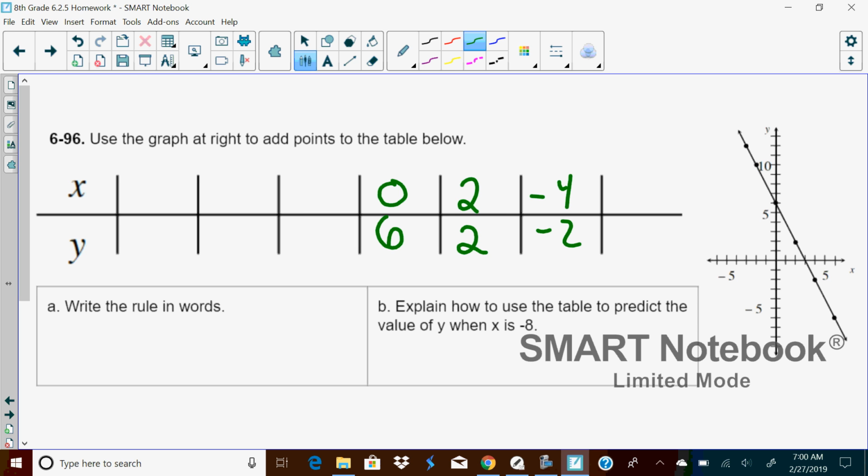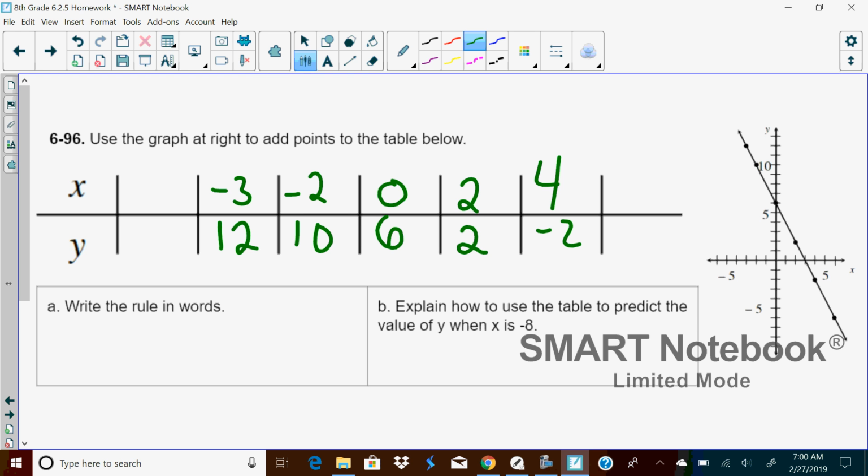I'm sorry, it's 4, -2. -2, 10. And then -3, 12. So it looks like my graph is going up by 2 each time.